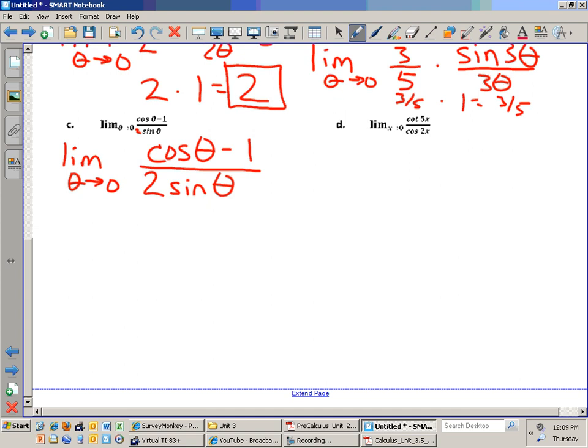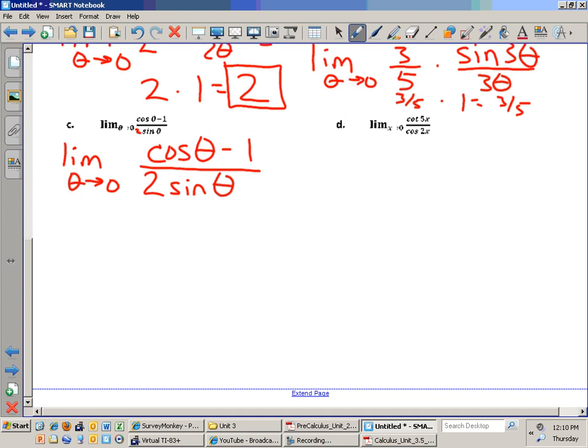I changed the problem, everybody, to cosine of theta minus 1 over 2 sine of theta. I just want to change it just a little bit. And these problems model exactly what you see in your homework. I'm trying to encourage my pre-calculus class, and when they have questions, please ask me. But if you're at home, look at your notes. I designed the notes to hopefully carry you through exactly what you see.